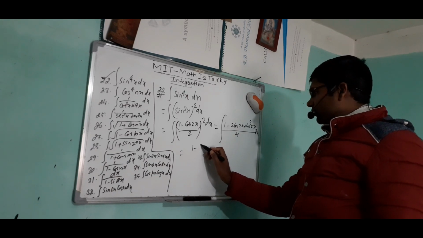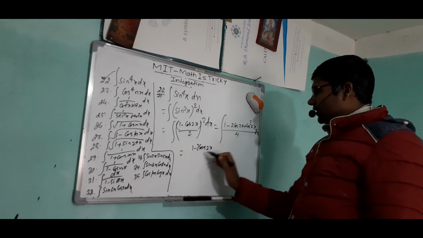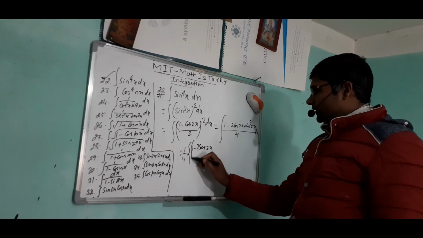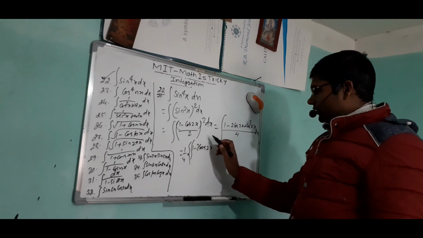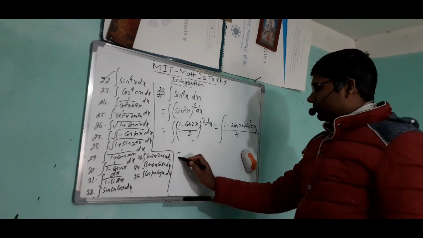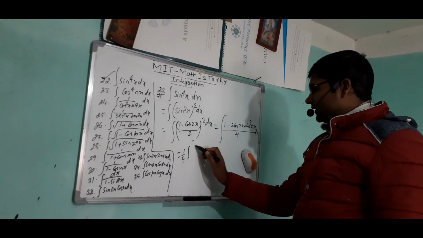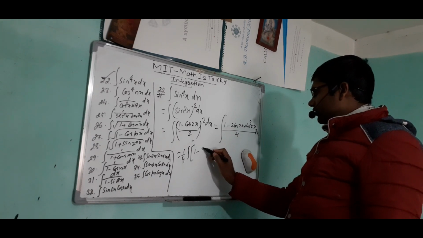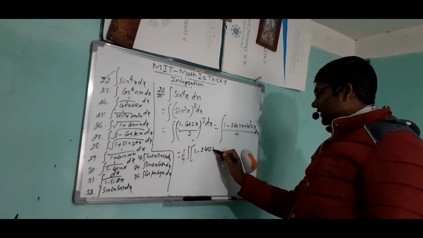This can be written as 1/4 outside the integration, so let's write it like this: 1/4 integration of (1 − 2 cos 2x + cos² 2x).